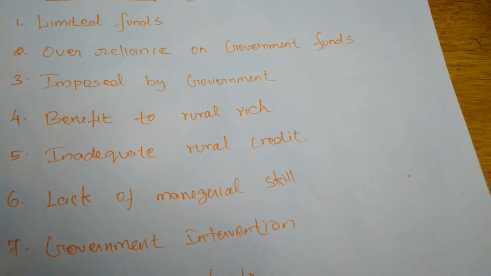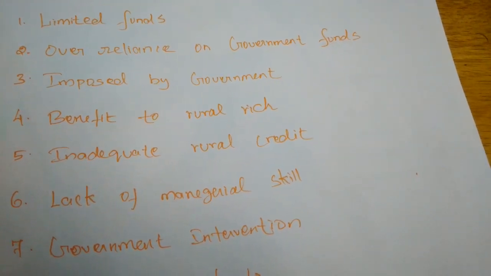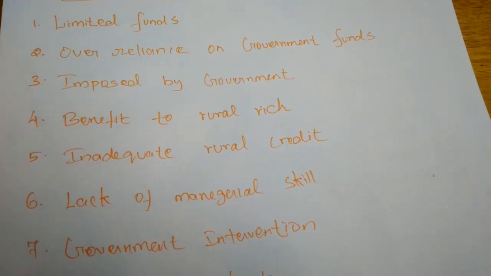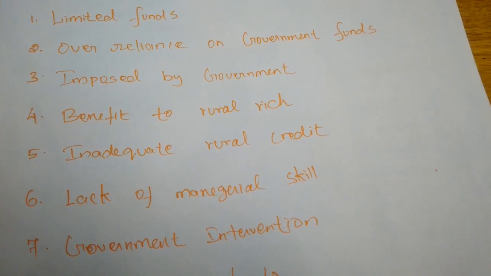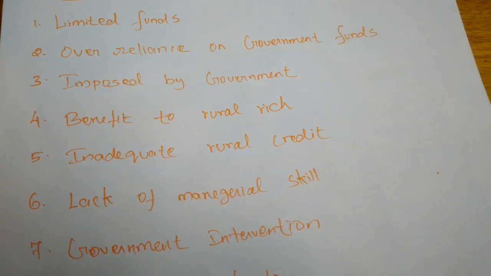Even in this rural side, the rich people will have more shares and more power to dominate the poor people. The rich people elect themselves to the managing committee and manage the affairs of the cooperative for their own benefit.